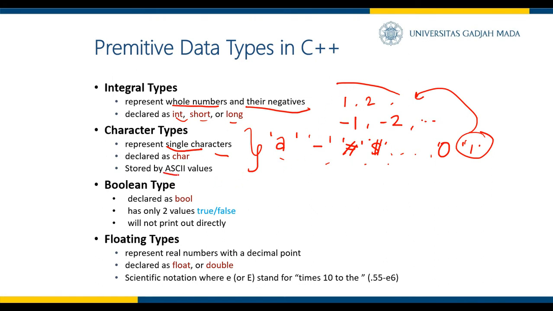It's stored by ASCII values. What does ASCII value mean? It's a standard to convert this character into binary. We use the standard of ASCII.